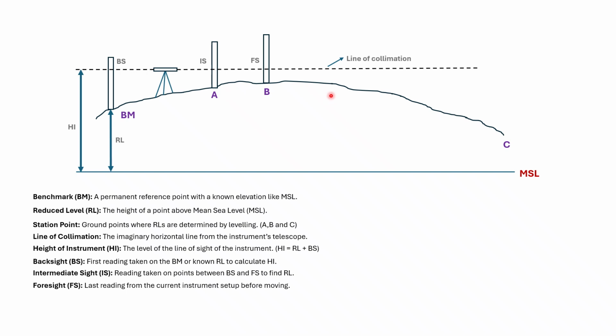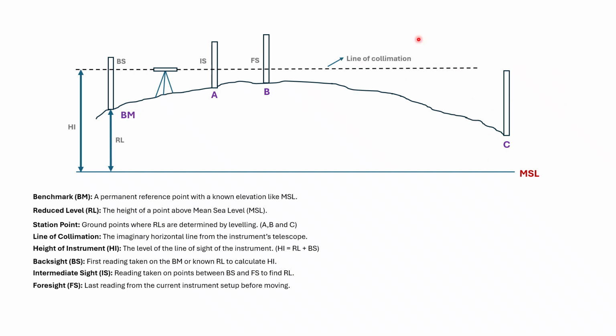So why are we moving our setup to the next point? This is because let's say we have the staff right at point C, and we can't find the elevation of point C through this setup. Why?